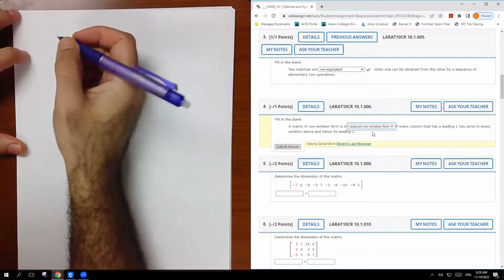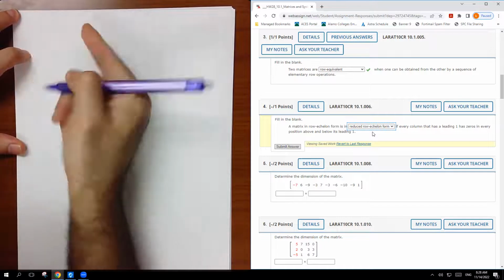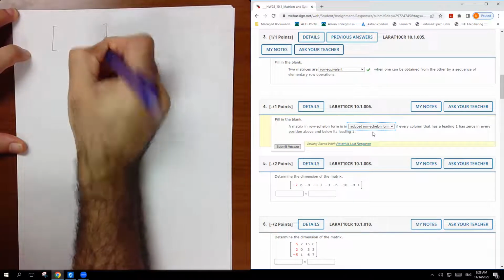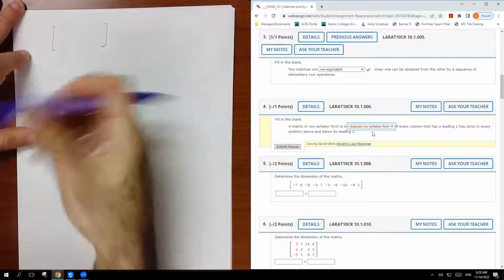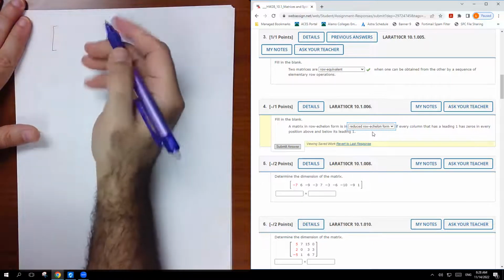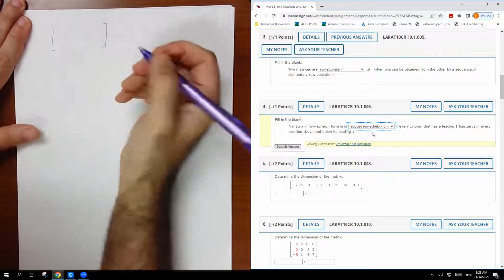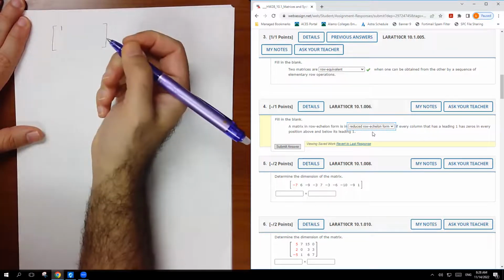So you have a matrix in the reduced row echelon form. It's going to be like this. So you can know the meaning of reduced row echelon form. This is the leading coefficient, the first number.